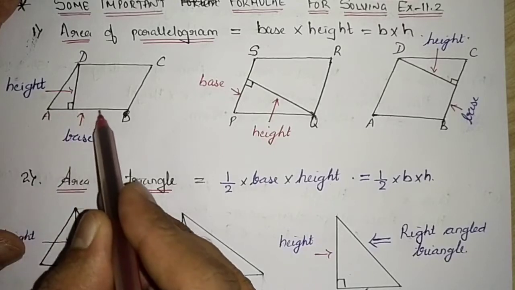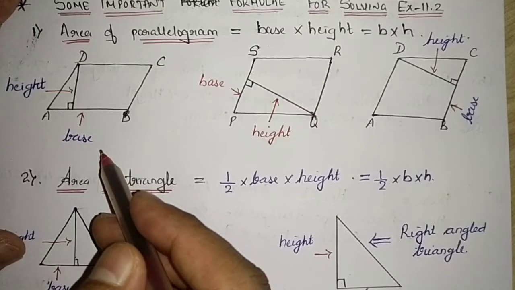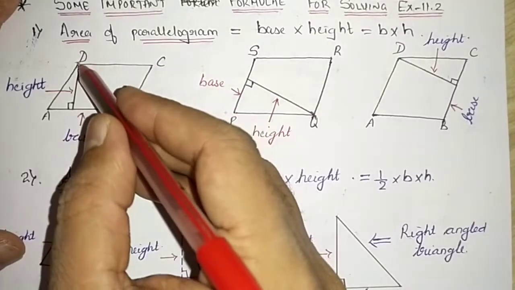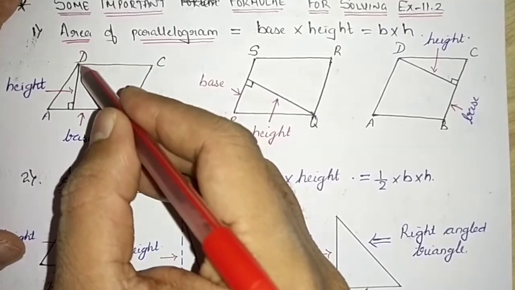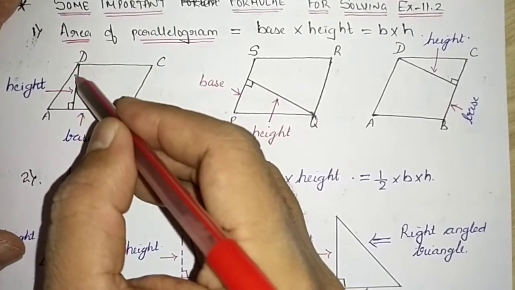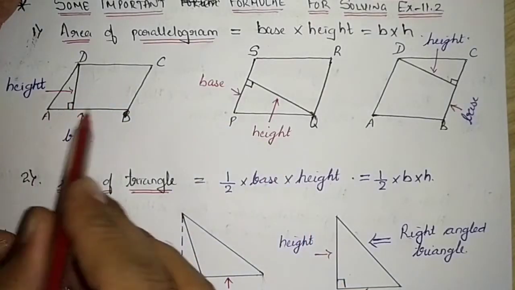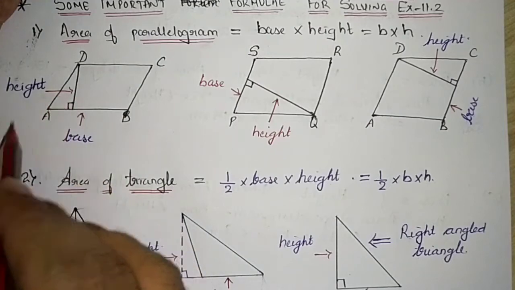If we are choosing AB as the base, then the height will be the perpendicular dropped from the opposite vertex to the base.